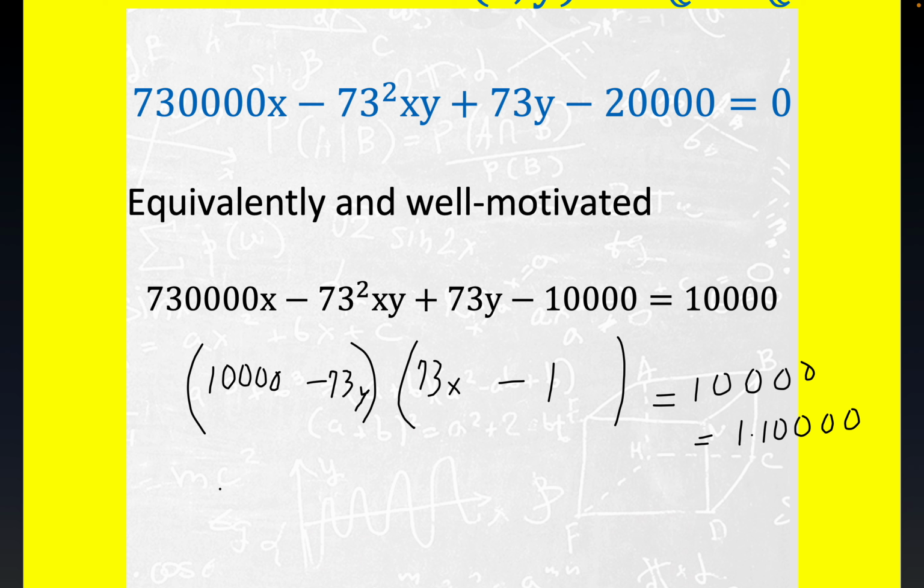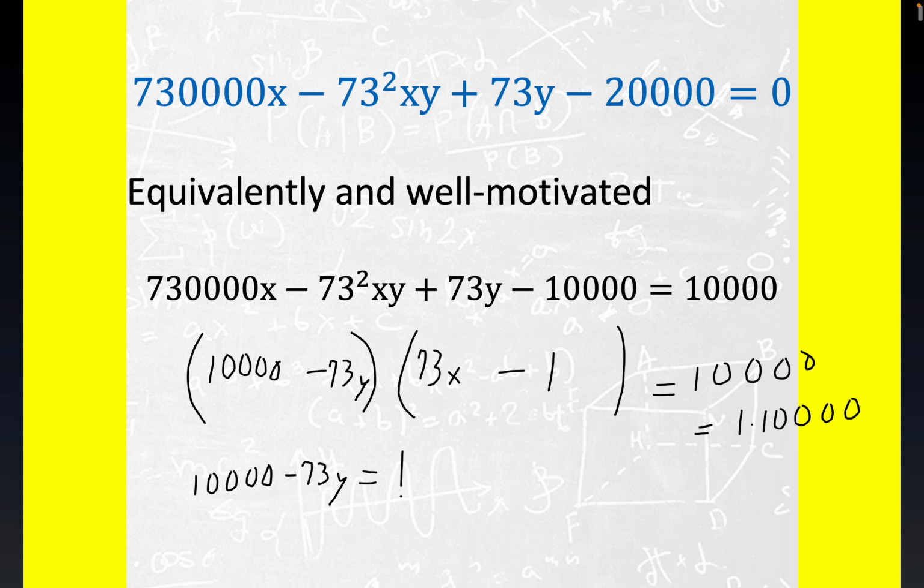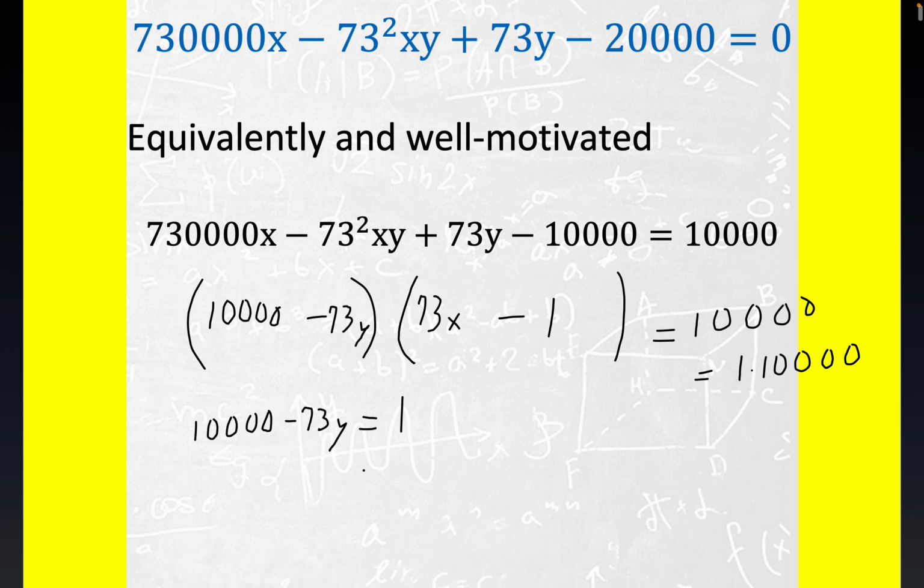But if you equate this to 1, you get 10,000 minus 73y equals 1. Now, what does that give us here, folks? That's the same thing as 999 on this side.